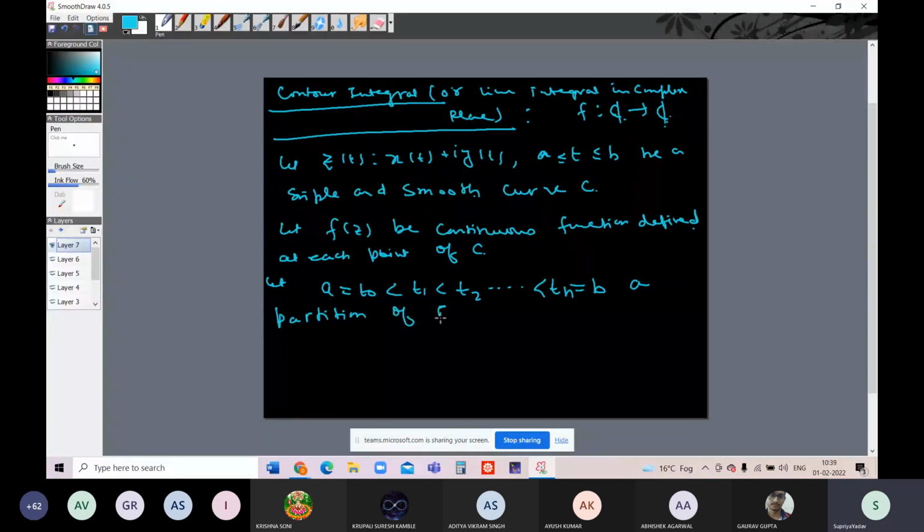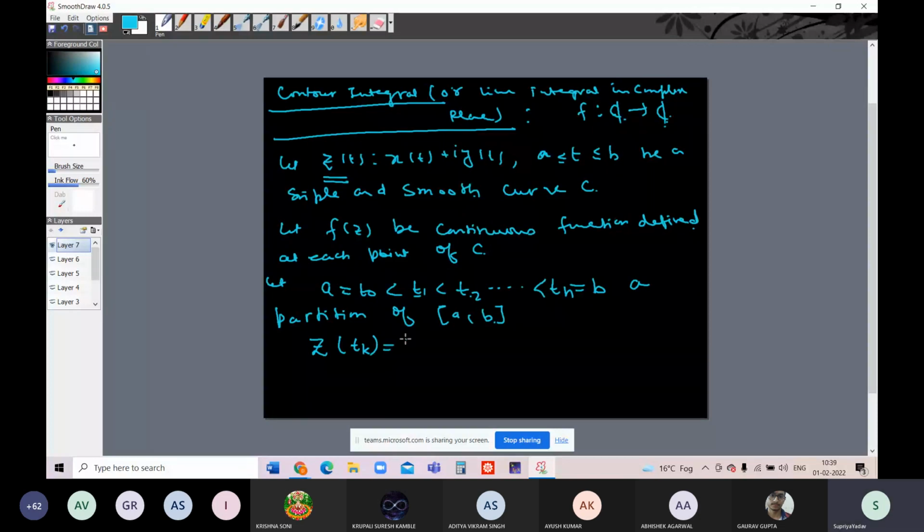This is a partition of the interval a and b. Now z(tk) is the image of this curve at the point tk.